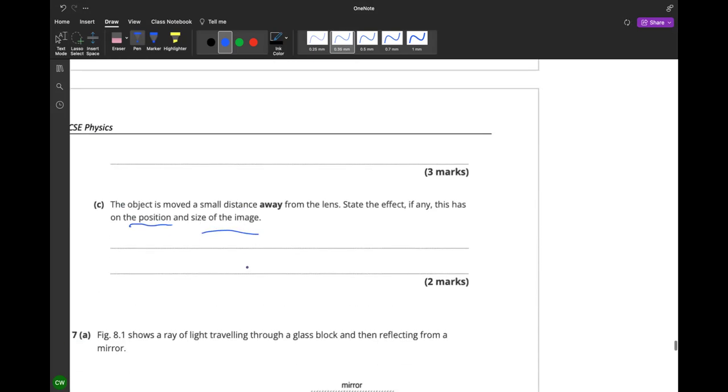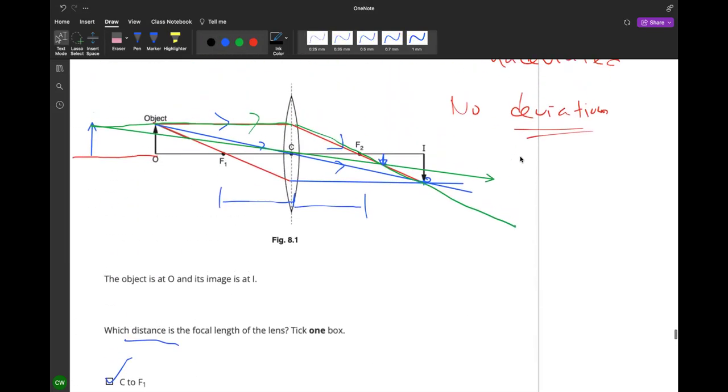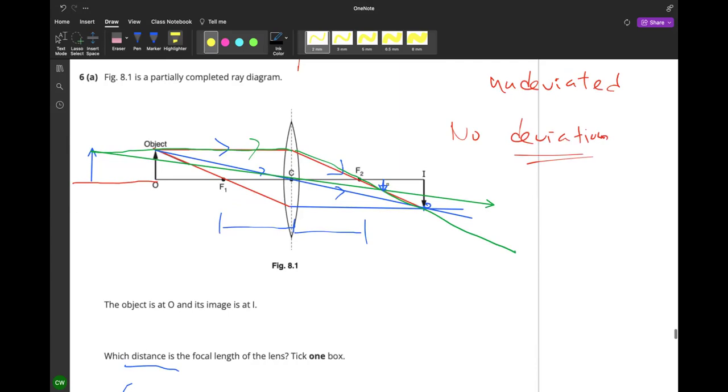It's talking about object small distance away from lens. That means you're moving the thing further away. So now we need to see the position and the size of the image. Where is the image? Where is the position? And the size. What can you see? Can you tell me what you see?